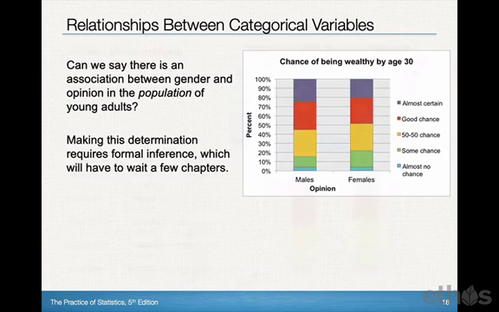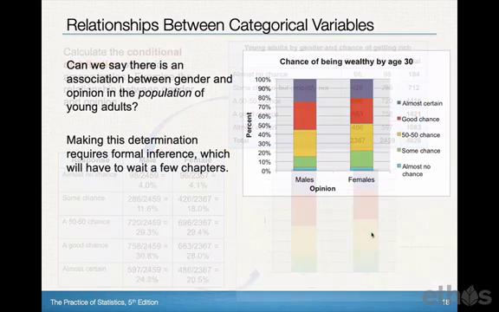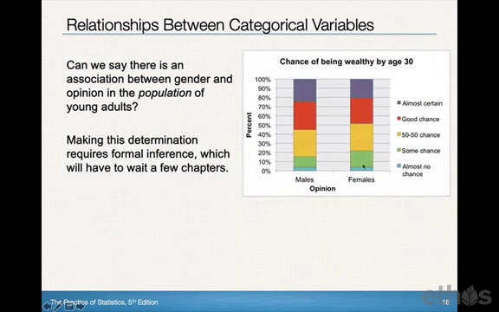When we look at here, we see a much larger piece on the female graph of people that have, this was not the no chance, this was the some chance question. A much larger percentage of females said some chance of becoming rich than men. And it looks like about the same percent said 50-50 for men and women, but here the good chance is wider than that for women. The answer we gave before had specific numbers.